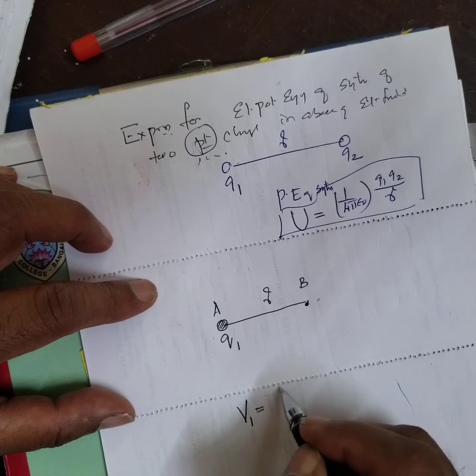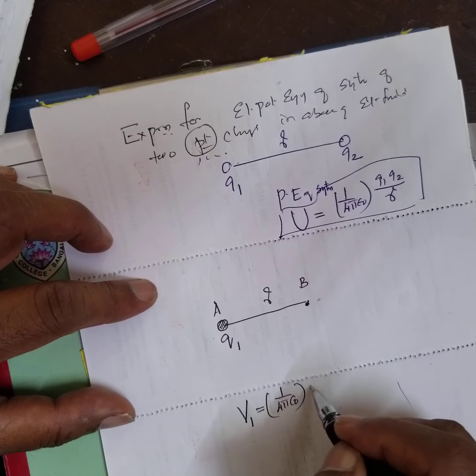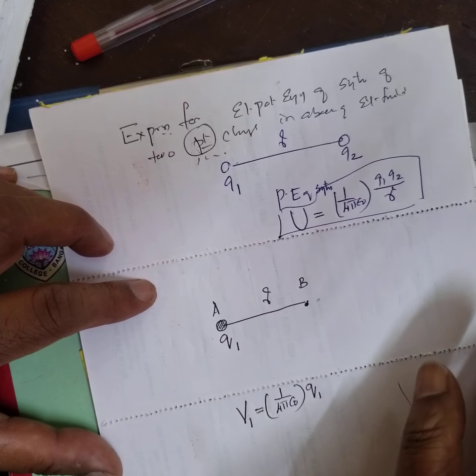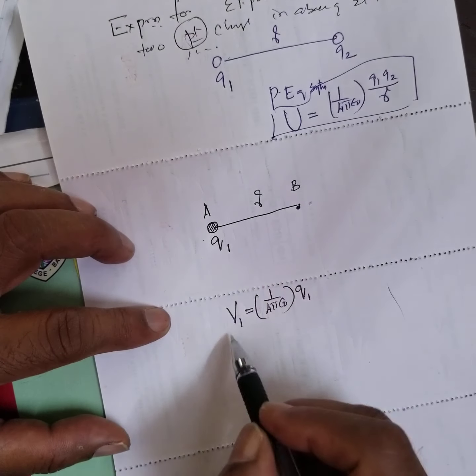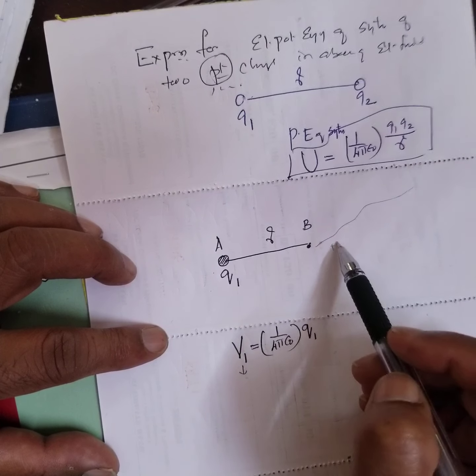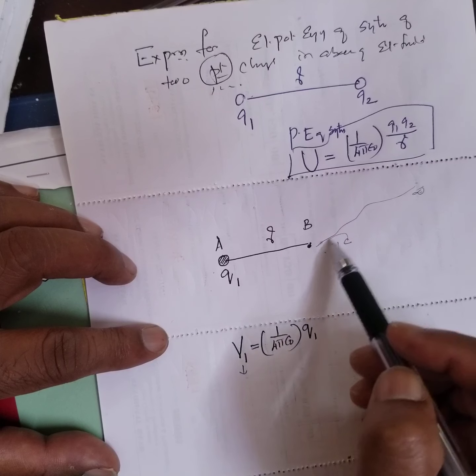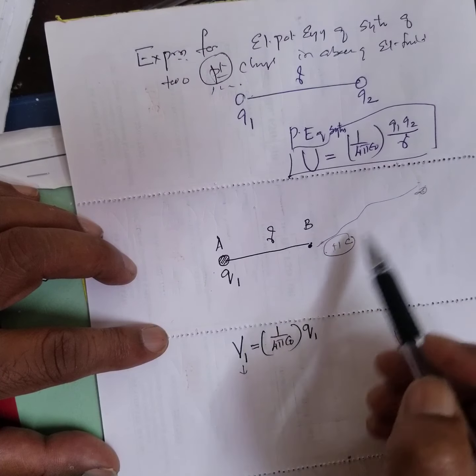That is, potential at B is 1 by 4 pi epsilon naught into Q1. What does it mean? That means it is the work done in bringing a unit positive charge from infinity to that point.